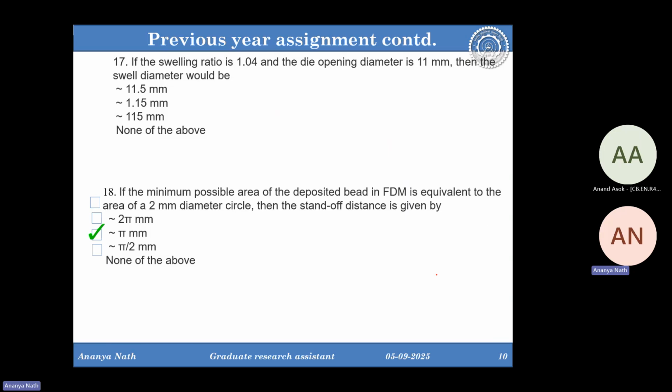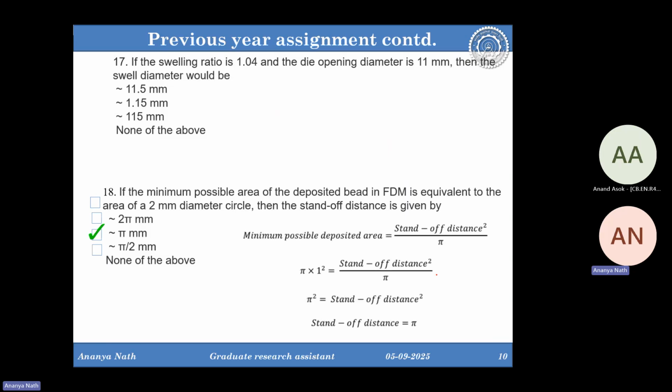Next, I have the minimum possible area of the deposition bead. Here, the minimum possible area of the deposition bead in FDM is equivalent to the area of a 2 mm diameter circle. Then the standoff distance is given by.